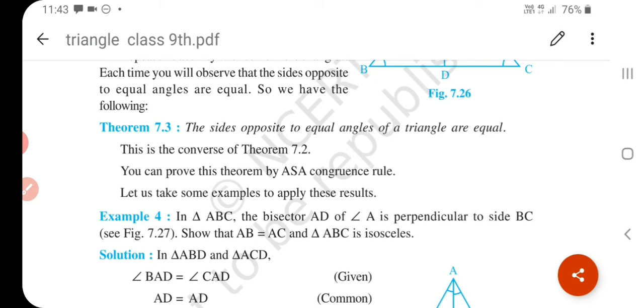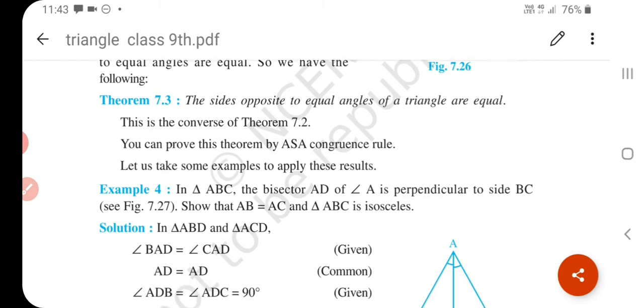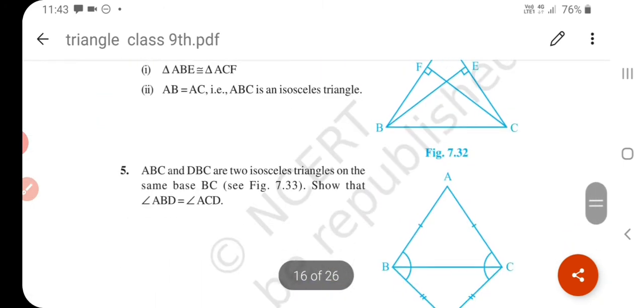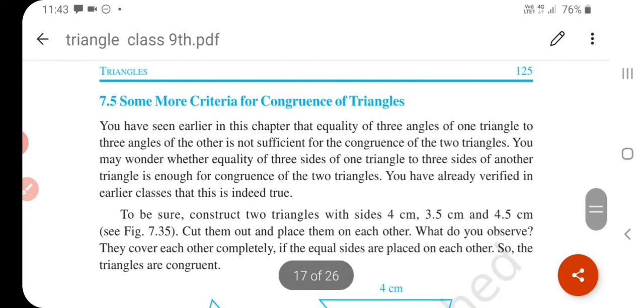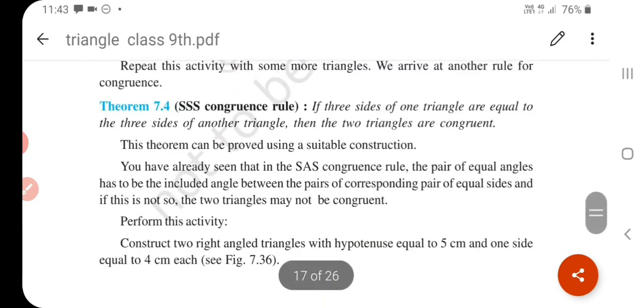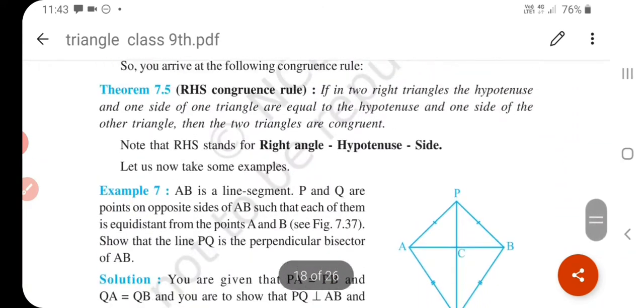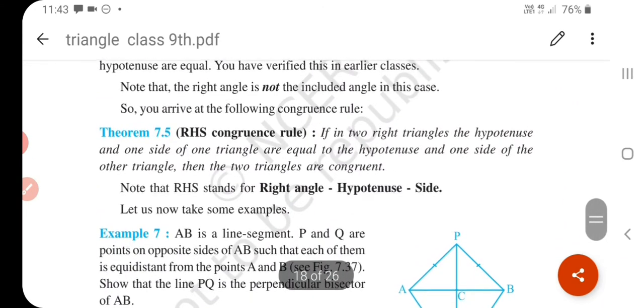It means if the three sides of one triangle are equal to the three sides of another triangle, then we can say that the side congruency rule holds. Okay, and then the two triangles are congruent to each other. Okay, what about next? So our next criteria is the RHS congruency rule.